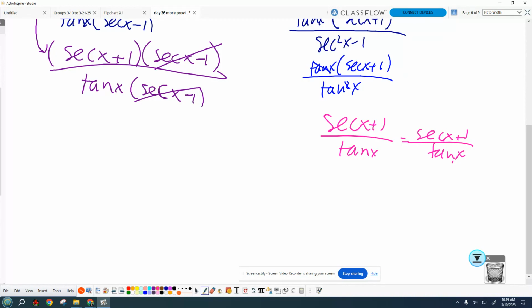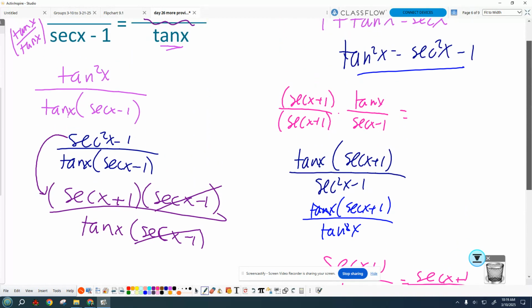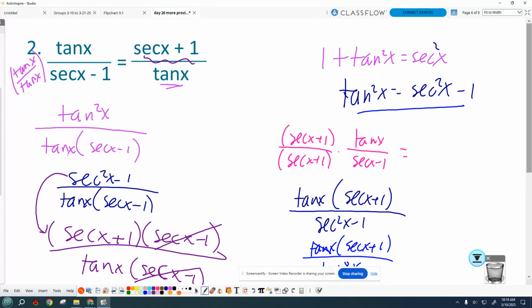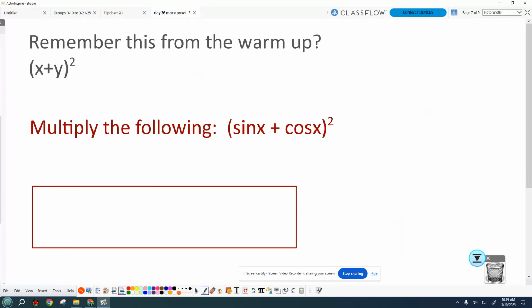And now it's algebra with big funky functions. If you are uncomfortable with factoring things like a squared minus b squared, it's much harder when it's trig functions, tangent squared minus 1 and stuff.